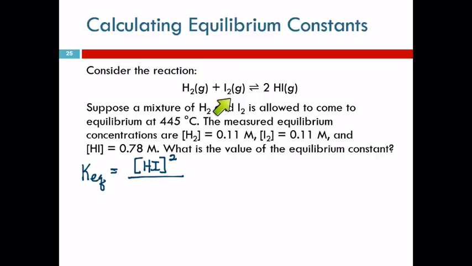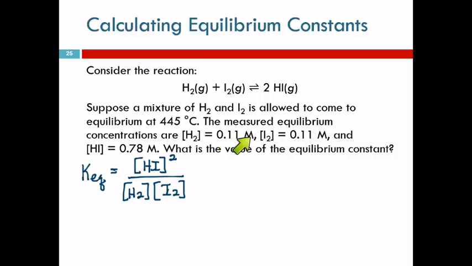Then in the denominator, I have the concentrations of the reactants, H2 and I2. Those have coefficients of 1, and so they're going to have exponents of 1. Well, I don't need to write those. That's the equilibrium constant expression.